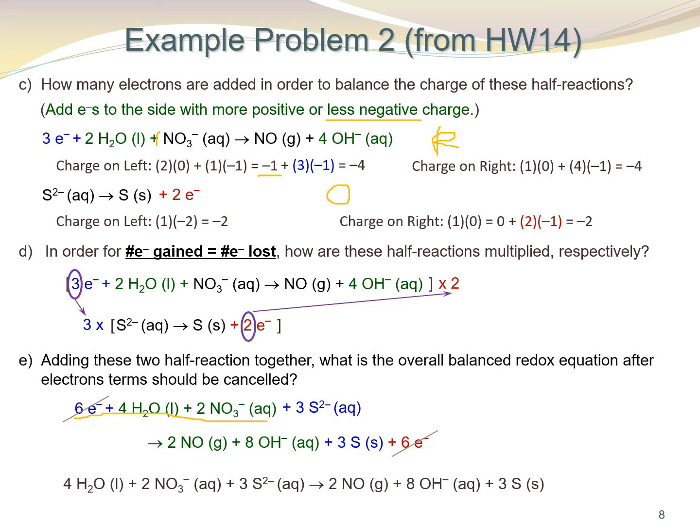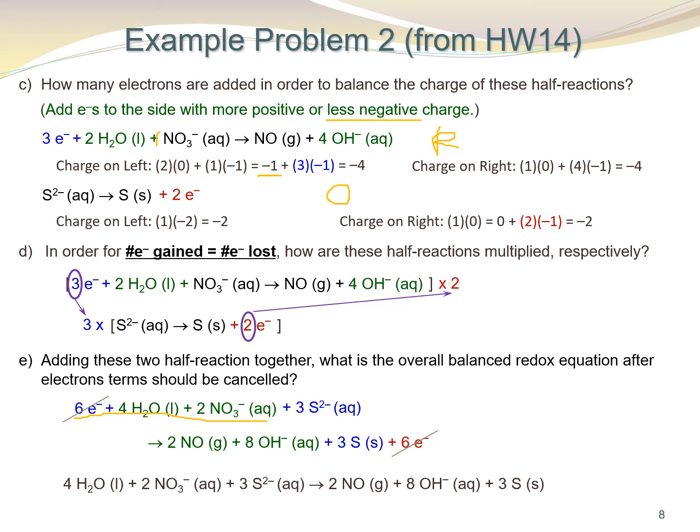Then we balance all the atoms. Then we balance charges by adding electrons on one side of a half reaction, indicating which one is reduction and which one is oxidation. If you end up adding electrons on the same side, something must be wrong.